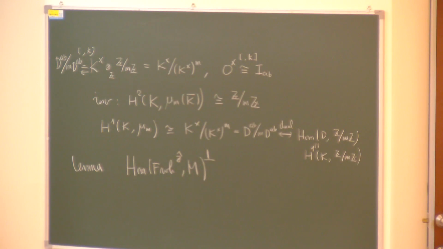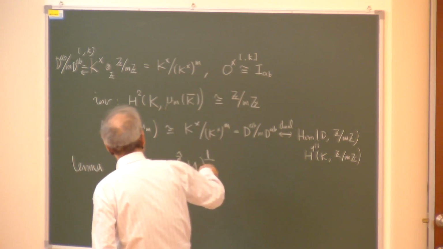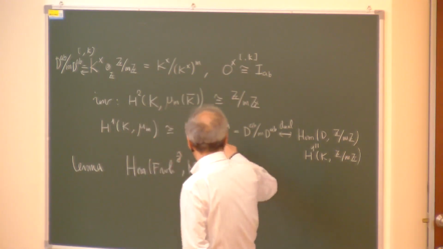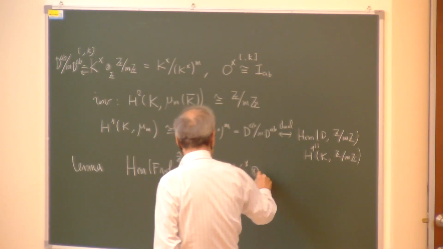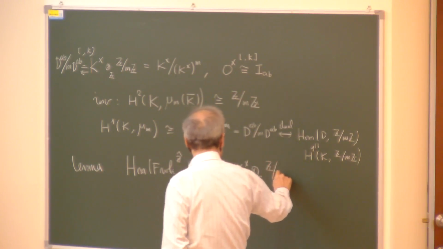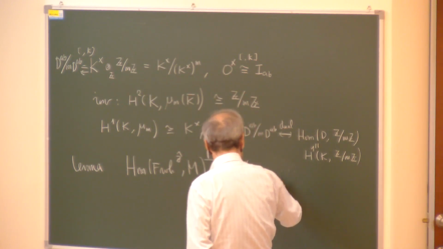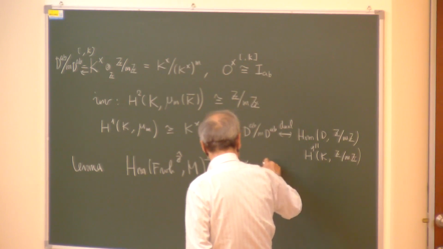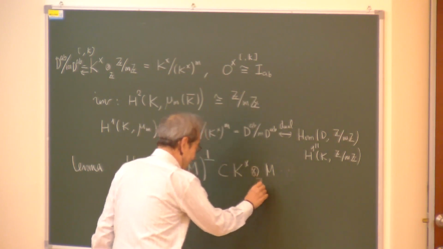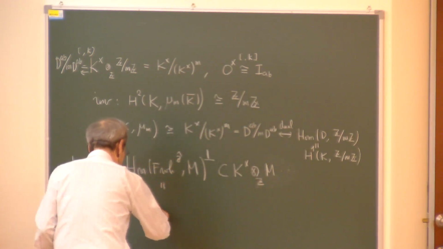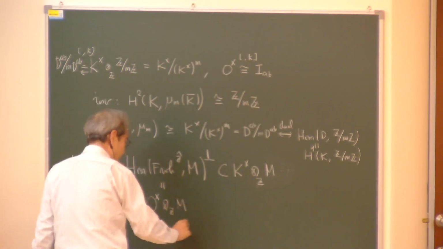And this you can identify by Kummer theory inside K cross tensor Z over mZ, and this is given by its integer ring tensor Z over m. This is always an integer ring.